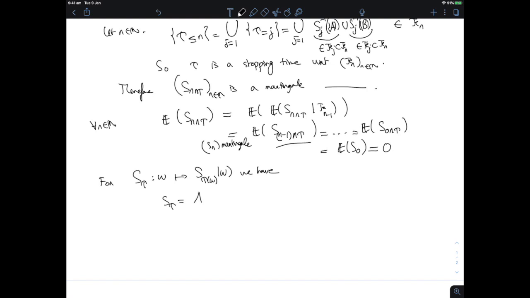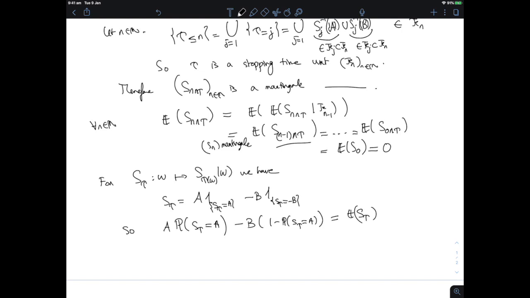So S_tau is either equal to A or equal to minus B. That tells me that A times the probability of exiting through A minus B times the probability of exiting through minus B, which is really 1 minus the probability of exiting through A, is equal to the expectation of S_tau, taking expectation on both sides.